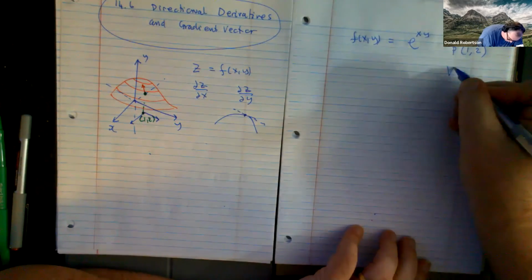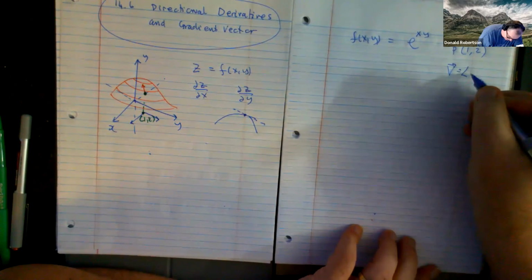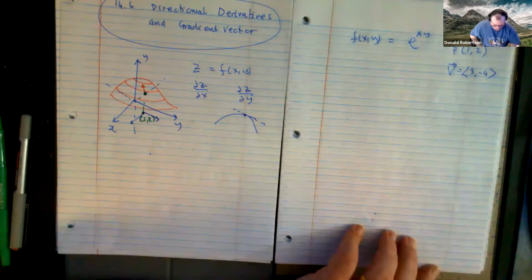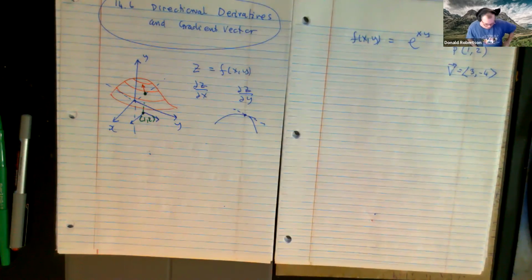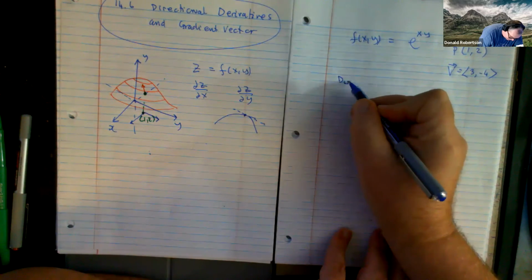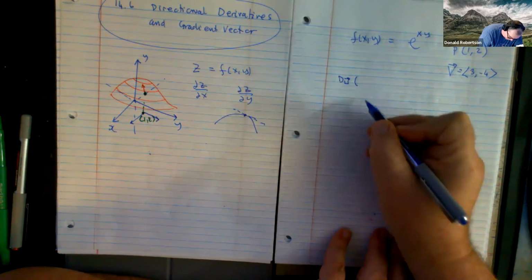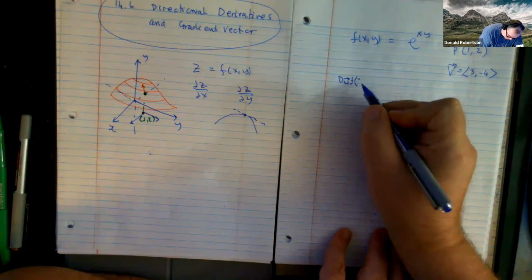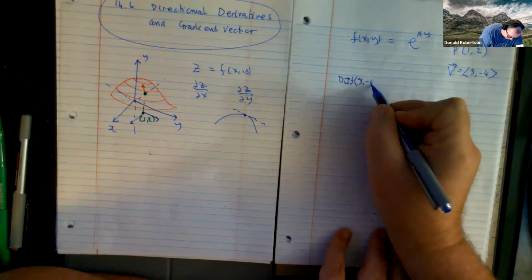And the direction that we're traveling is 3, comma negative 4. And so we are going to be finding the directional derivative of this function.